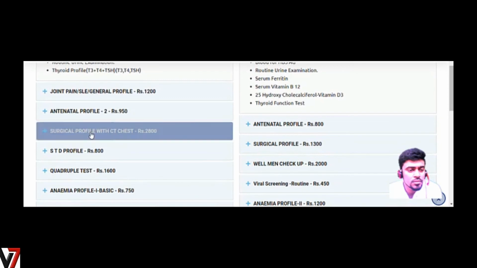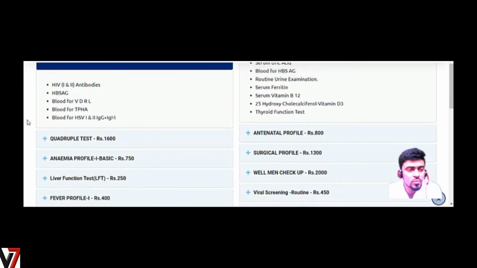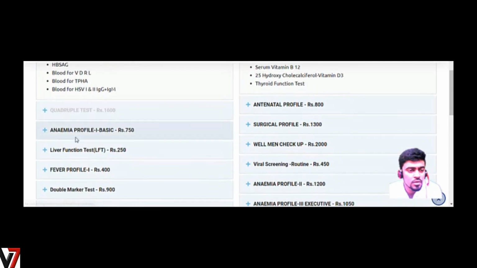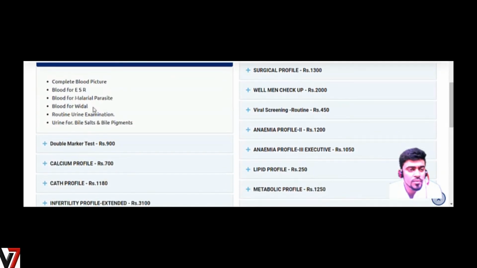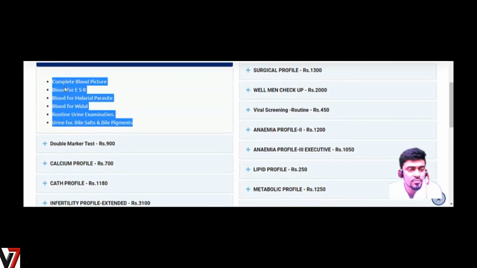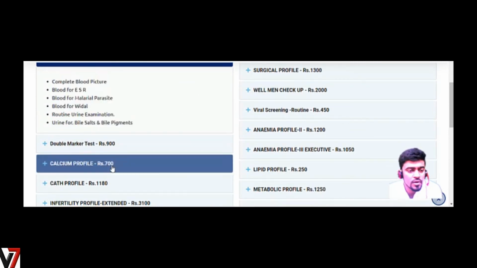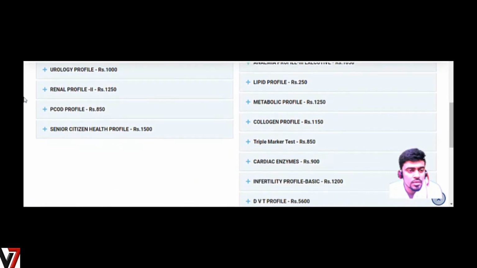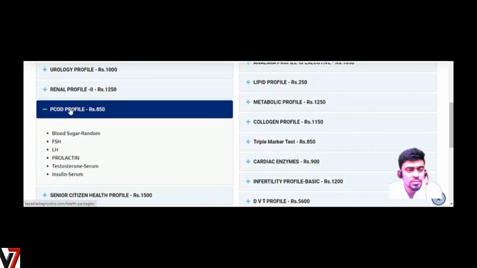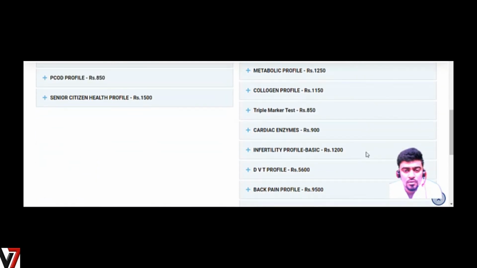Other profiles are the STD profile related to HIV, anemia profile, liver function test, and fever profile 1, a basic fever profile for things like general weakness. There are also anemia profile, calcium profile, serum calcium, all the electrolytes profile, and PCOD, related to ladies' polycystic ovarian syndrome.